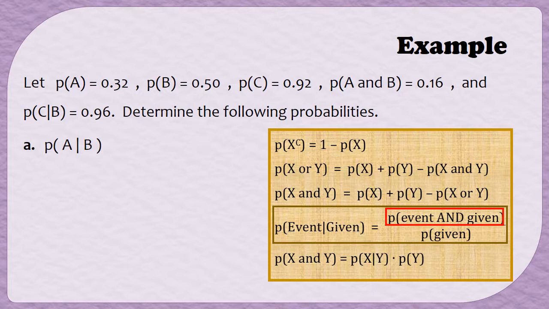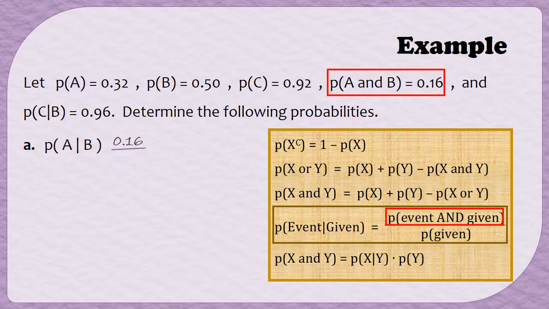In this case, since my event is A and my given is B, I need to find the probability of A and B. In this case, this is the 0.16. A reminder that this and probability is just one number, so I don't use the 32 or the 50. Because for the probability of A and B, it's going to just be that 0.16. This is going to be the numerator of my solution.